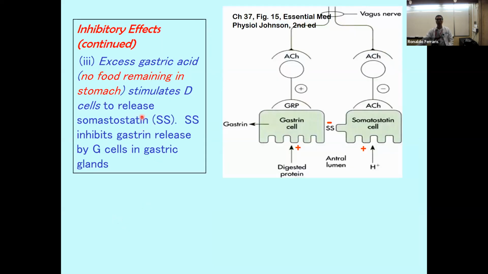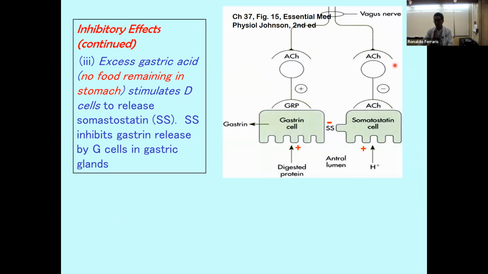So the inhibitory effects: now there's no food remaining in the stomach. You have D cells here. This is your D cell. It's called SS cells by some books, or somatostatin cell by some books. And this is, ladies and gentlemen, your food side.